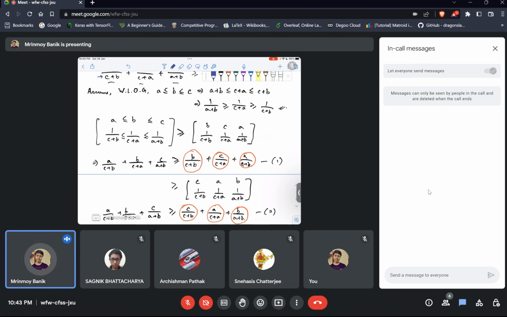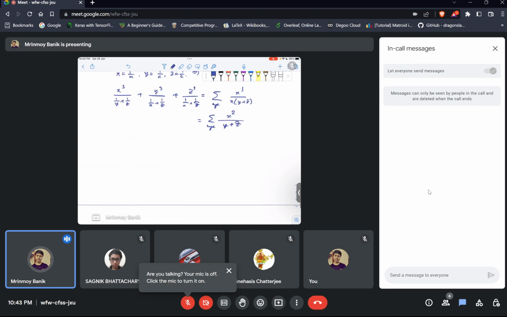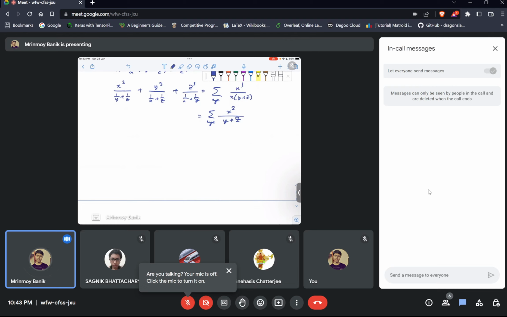At this point, I used rearrangement inequality twice back while proving Nesbitt. So let's do the same thing. We can take x squared, y squared, z squared, and 1 by x plus y.